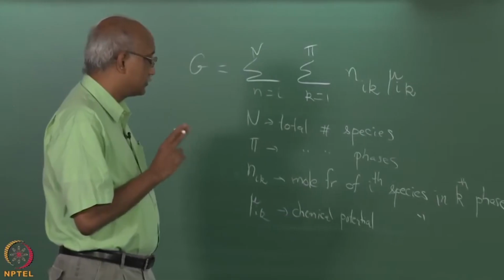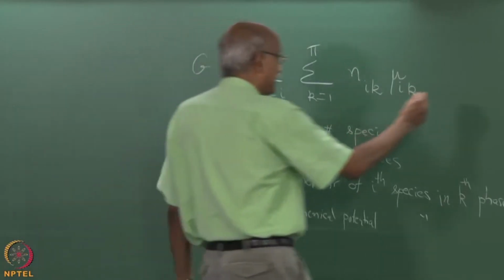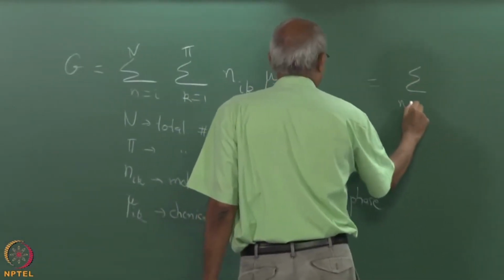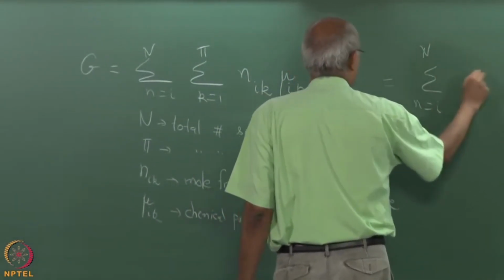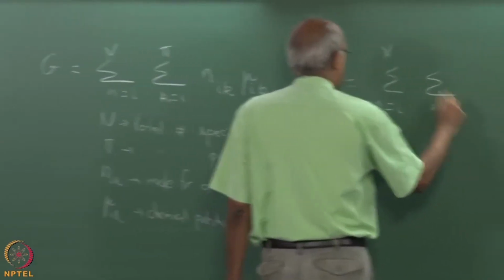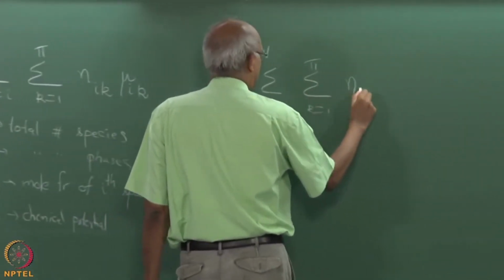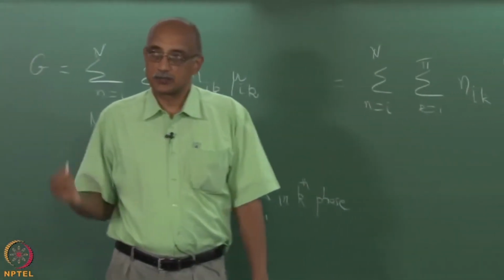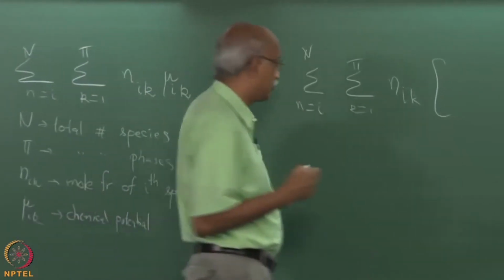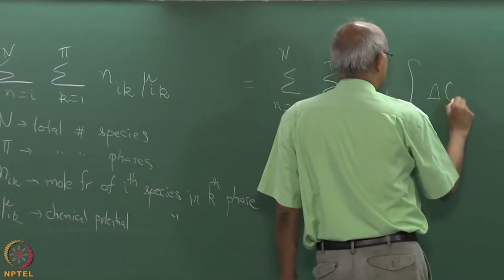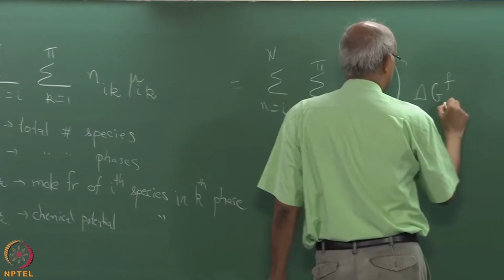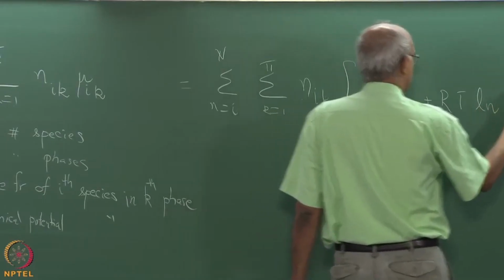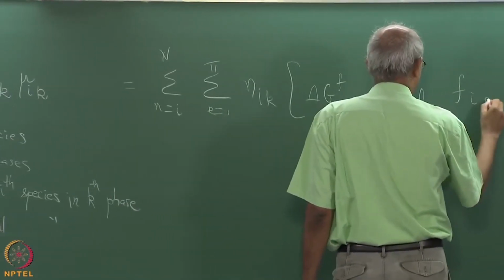Now, you can further expand this and write this as summation i equals 1 to n, k equals 1 to pi, of Nik, and you can write mu ik in terms of the free energy of formation of species i plus RT ln the ratio of fugacities.